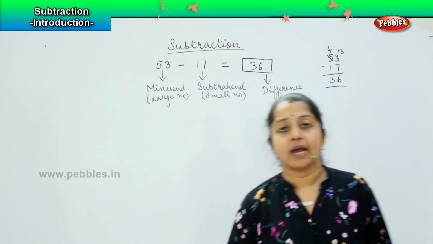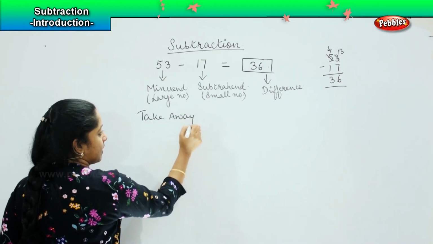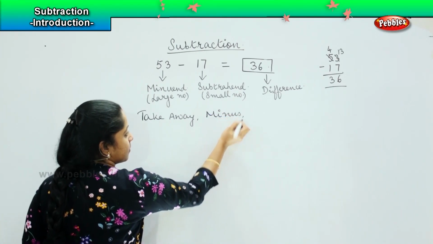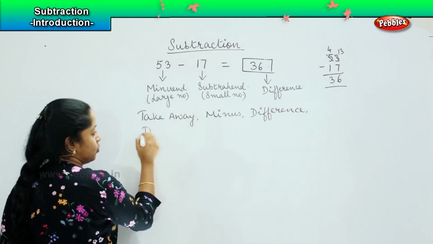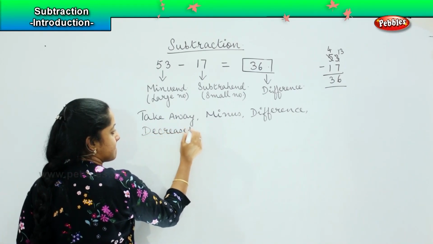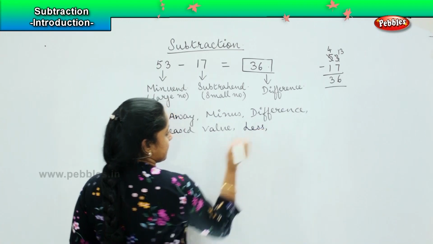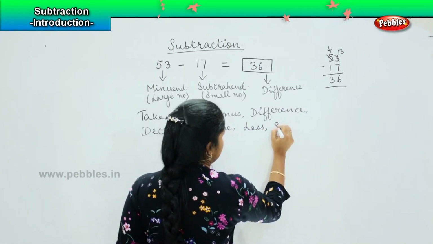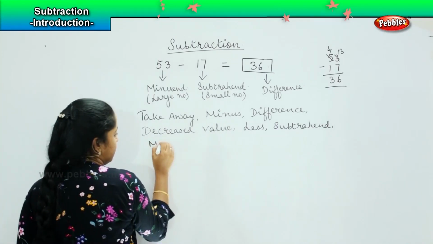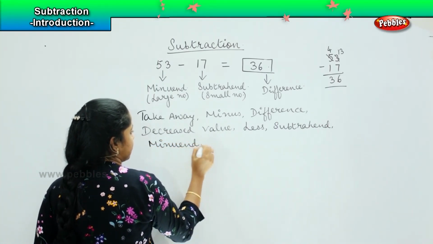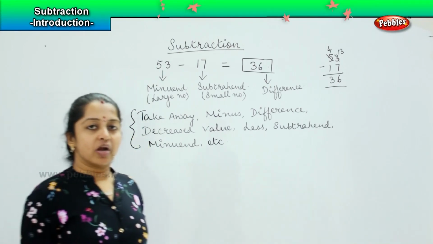So if you see, we will come across terms like take away, minus, difference, decreased value, okay, less, okay, then subtrahend, minuend, okay, etc. So these are the common terms which we generally come across while solving a subtraction question.